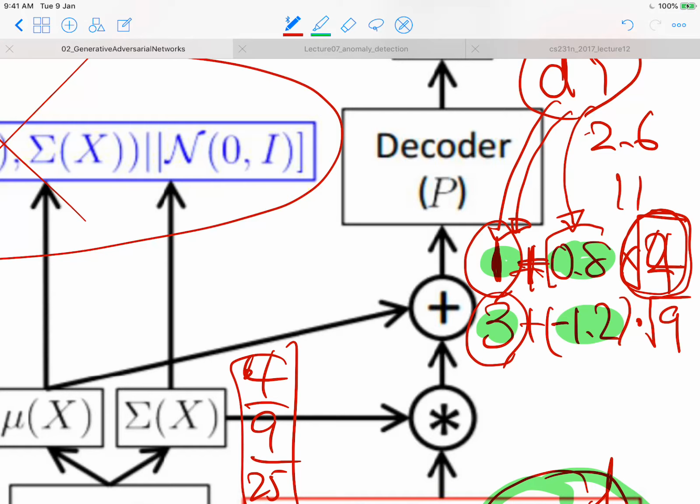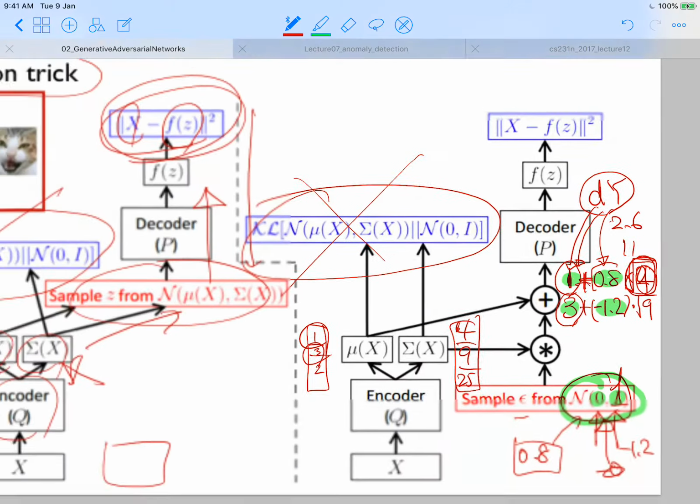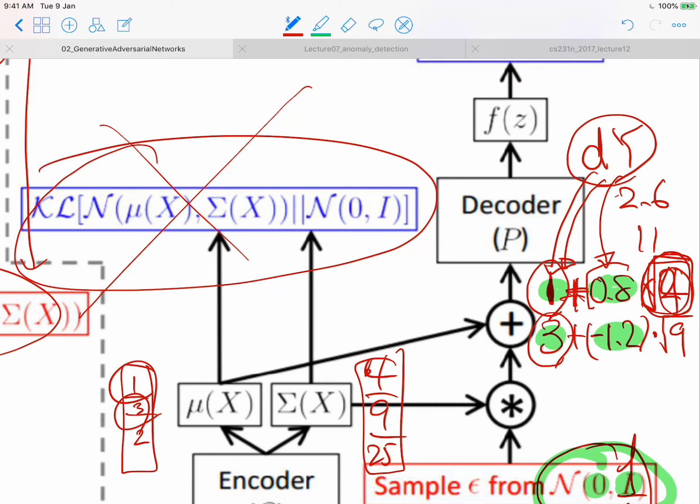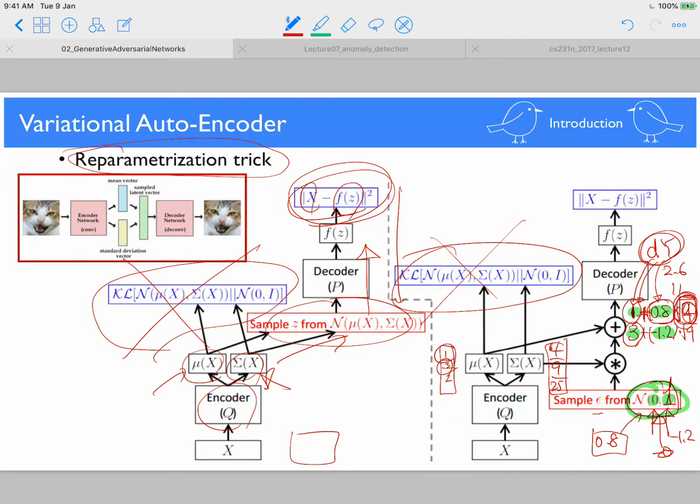In this case, the gradient will be dy times 0.8, right? So that will be the gradient for this guy, right? So in this case, we can now backpropagate our gradient signal through both of our mean and the variance term. So this is called a reparameterization trick.